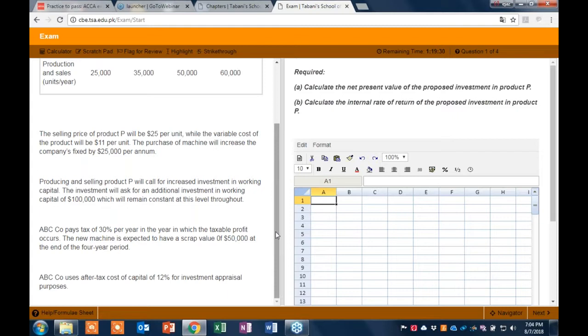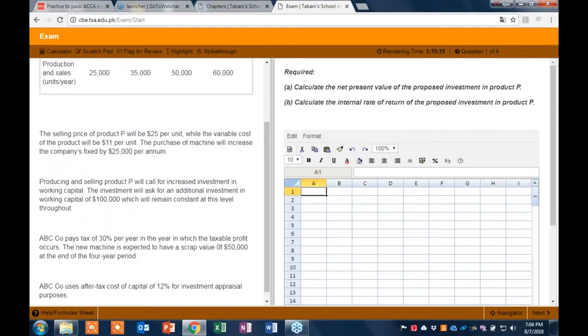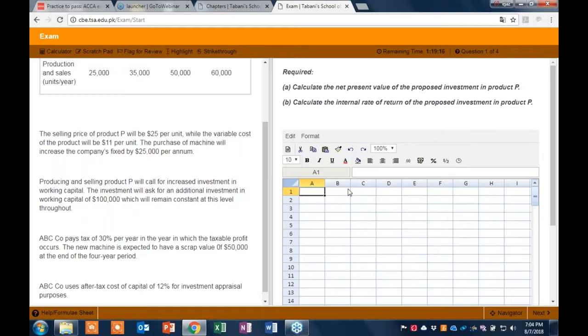Now let's see how we can calculate the net present value in case we don't know what the net cash flows will be for every year. So on your screens you have the spreadsheet, and it is exactly in the form you will be witnessing on your exam day.